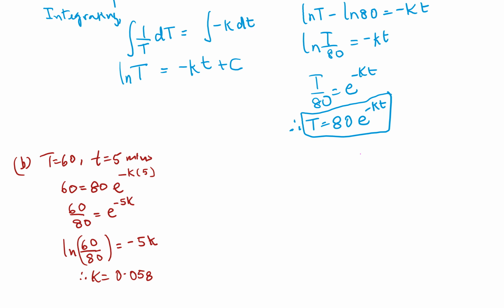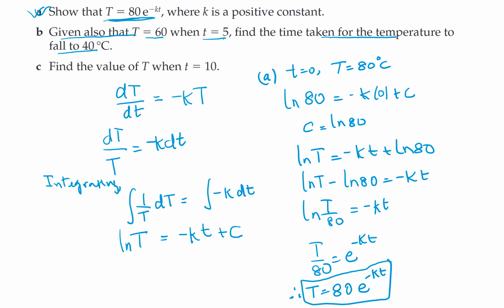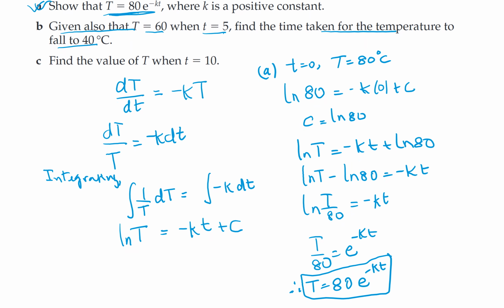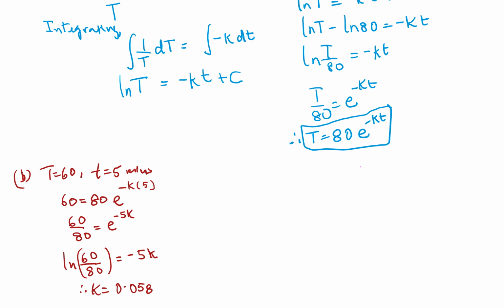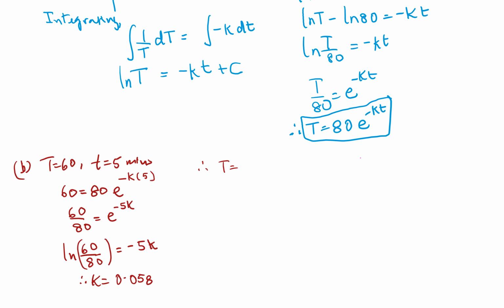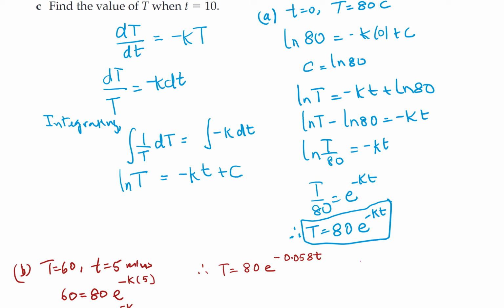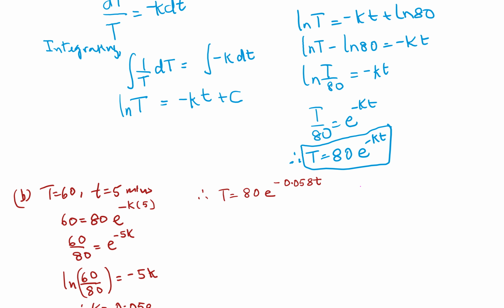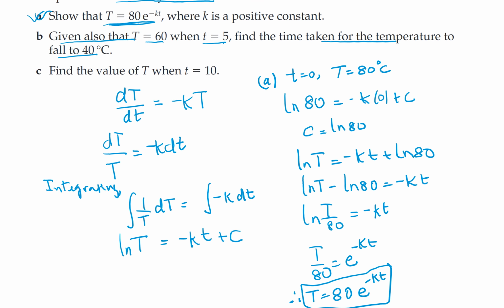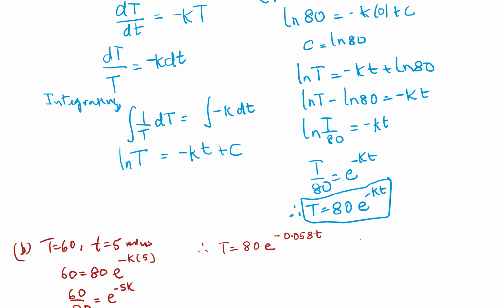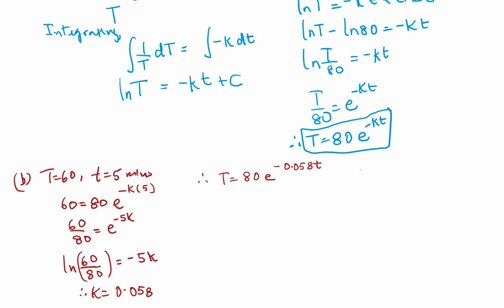Hence, what we need to find is the time taken for the temperature to fall to 40 degrees. So I can write T is equal to 80 times e to the power minus 0.058t.